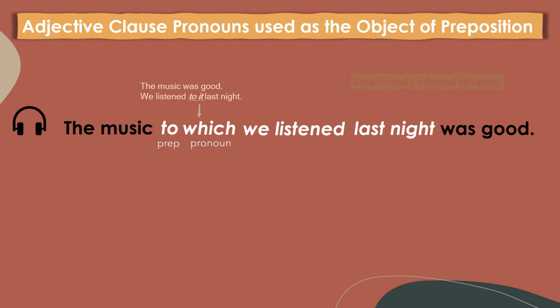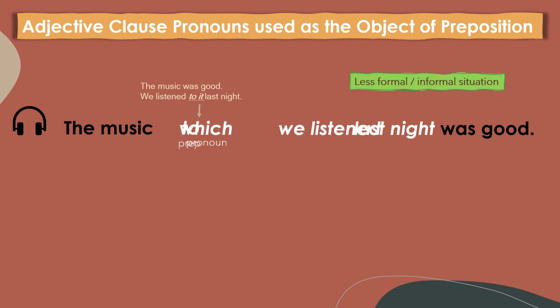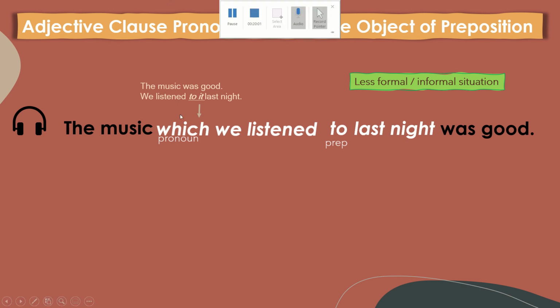But in a less formal situation, the pronoun is mentioned before the subject of the clause. Look, this is the subject, this is the clause, right? So in a less formal situation, you mention the pronoun before the subject of the clause, and you mention the preposition after the verb of the clause.